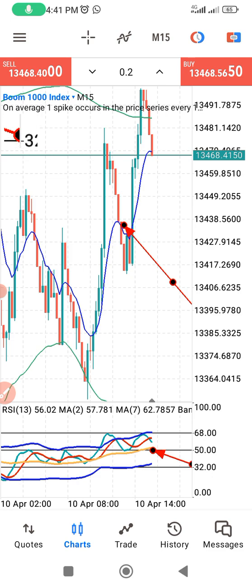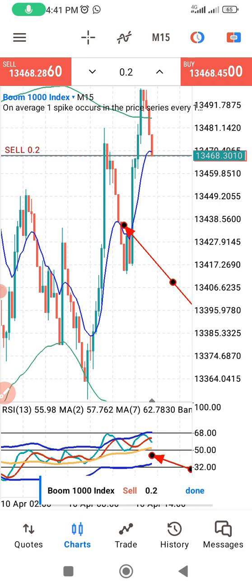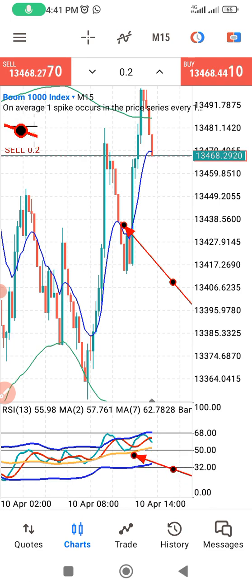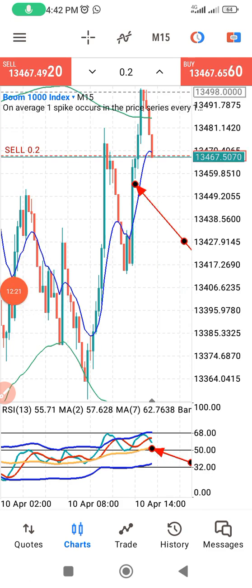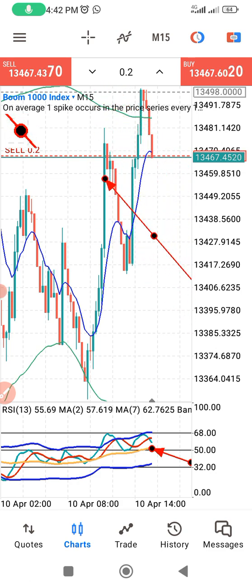This particular one happened here, and we want to have our entry on this trade. So this is our sell, because our market sentiment is below this level. Okay, so let's see how it goes. So we already have our stop loss at that previous high.